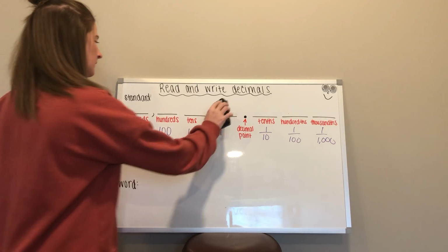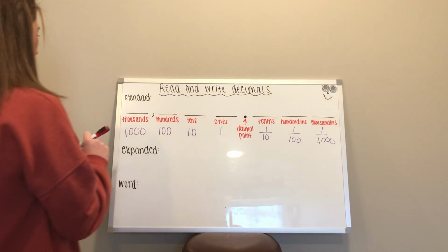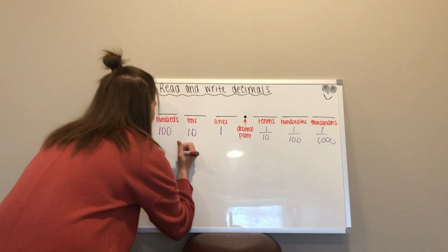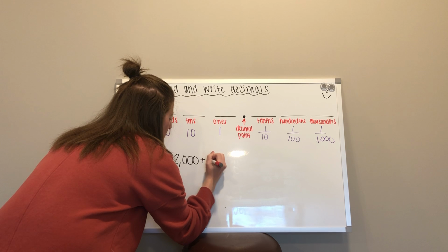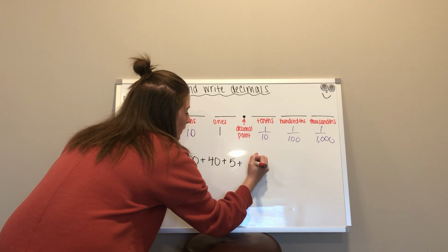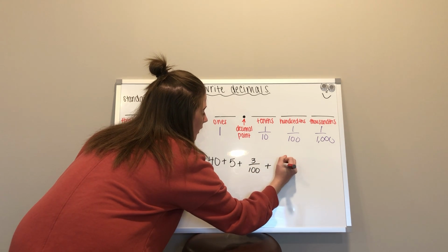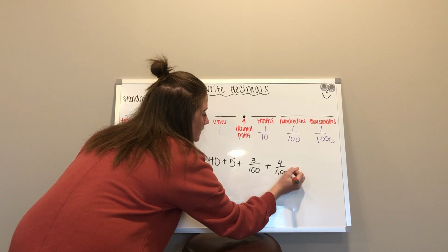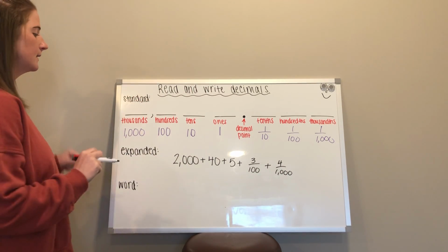So let's say I'm given 2,000 plus 40 plus 5 plus 3 hundredths plus 4 thousandths. Okay, the easiest thing to do first is let's make it into standard form.